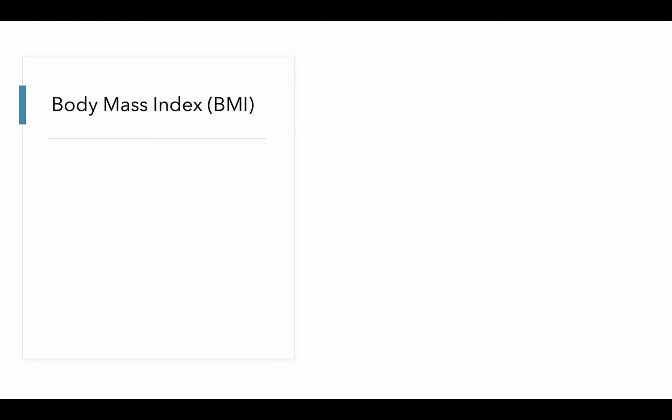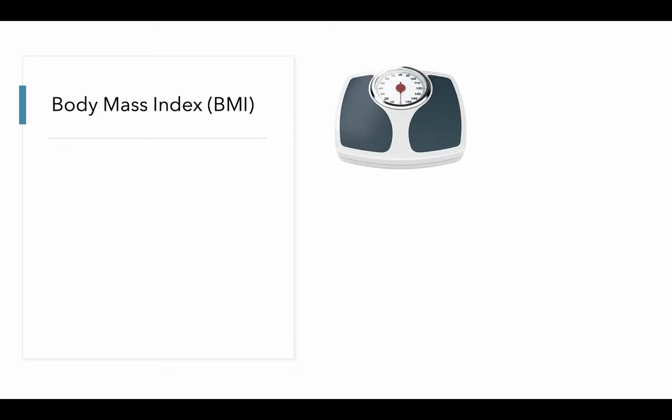The most commonly used indicator of obesity is body mass index, or BMI. BMI is calculated by taking an individual's weight and dividing it by their height. The value obtained represents weight status, or an individual's weight considering their height.